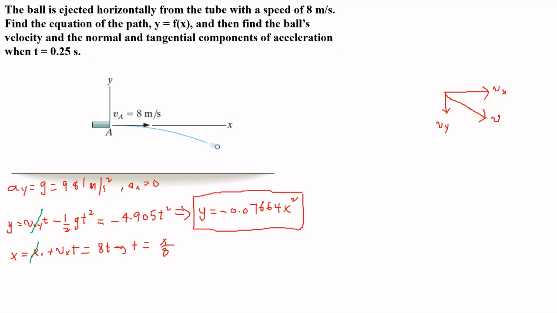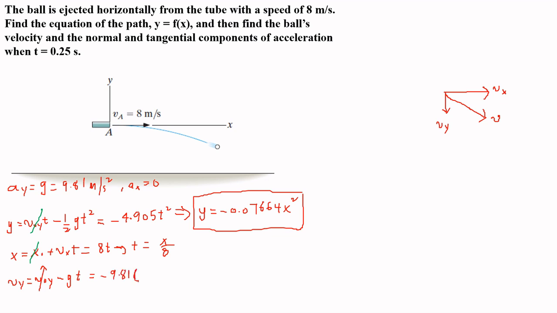And this is the magnitude of the velocity we want to find. Of course, I can find this Vy using one of the constant acceleration formulas. I can use Vy equals V naught y minus gt, and V naught y is 0. Now I just replace these numbers: negative 9.81.